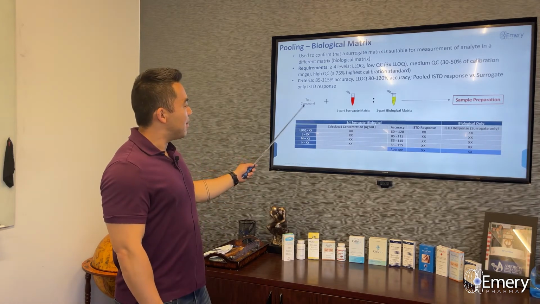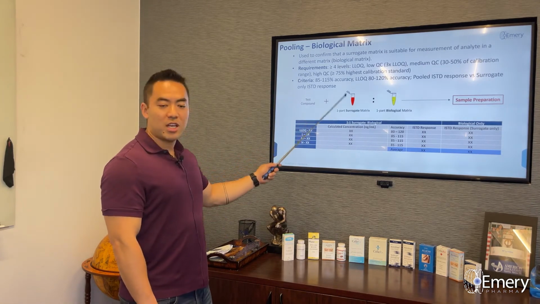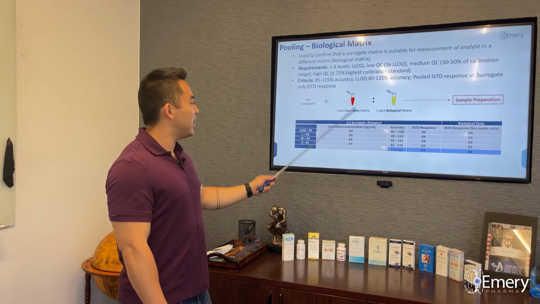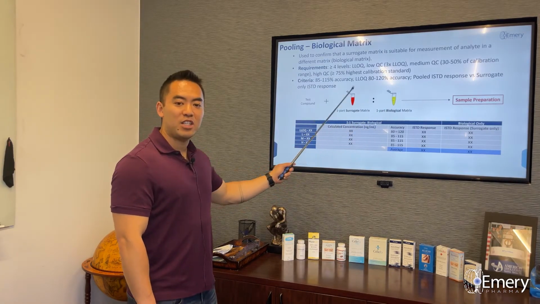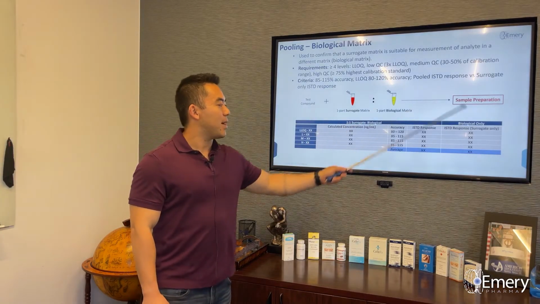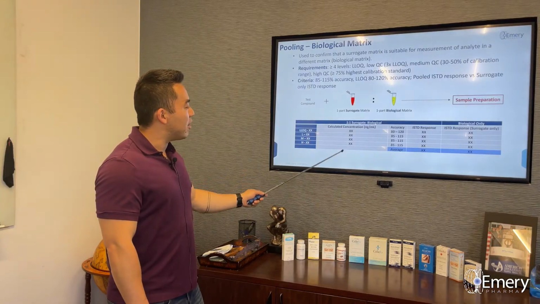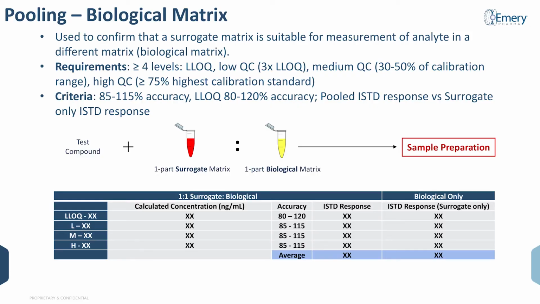We take our test compound, but instead of spiking it in just our surrogate matrix or just our biological matrix, we actually spike it in a 1-to-1 ratio of each of these matrices prior to sample preparation. In doing so, we then are looking at not only our calculated concentration with the accuracy values, but we're actually now looking at our internal standard response of both the surrogate only versus the pooled 1-to-1 ratio.